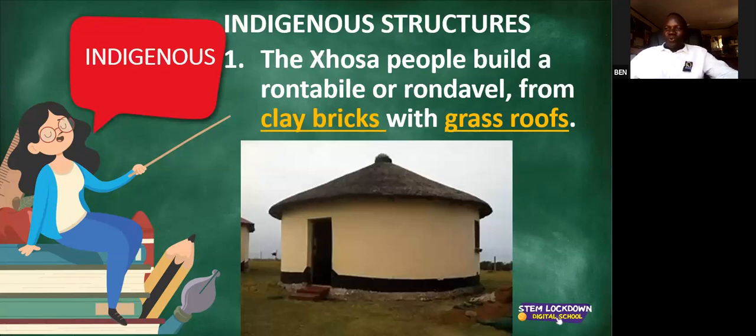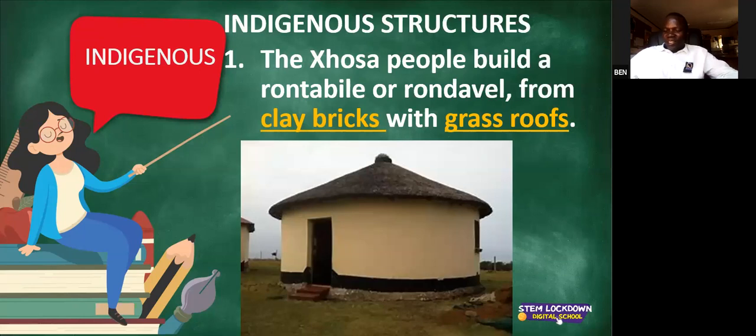We come to the Xhosa people. The Xhosa people were building in such a way that they used different materials. They were building a house called a rondavel, from clay bricks and grass roofs. You can see the name rondavel derived from the shape of the house.